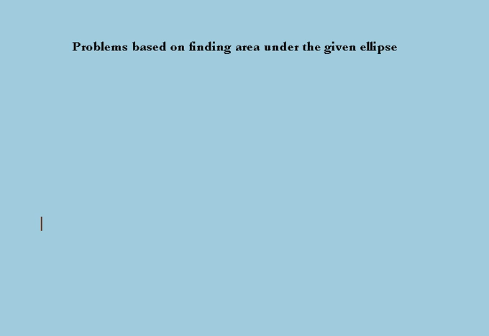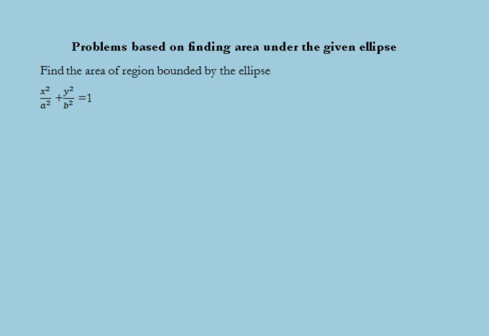For this we consider a problem which says: find the area of the region bounded by the ellipse whose equation is given as x square divided by a square plus y square by b square is equal to 1.